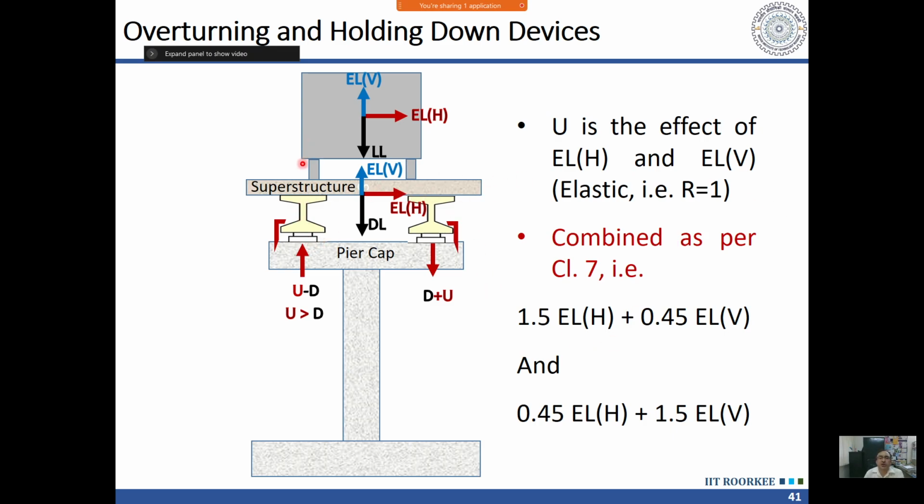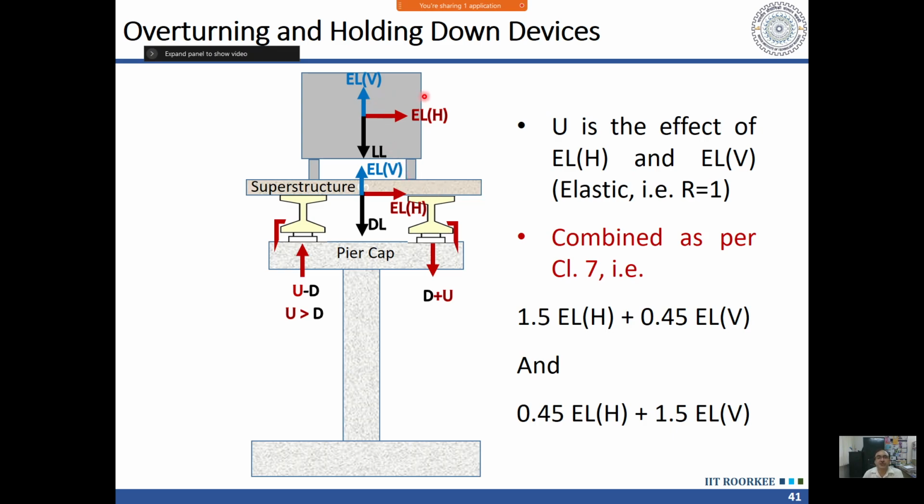That force we will use to calculate the overturning. So we calculate that overturning force U and compare it with the downward force D due to dead load. The code says that we have to consider dead load. Now it is not clear whether the earthquake force should be considered for live load and dead load both, or for dead load alone.